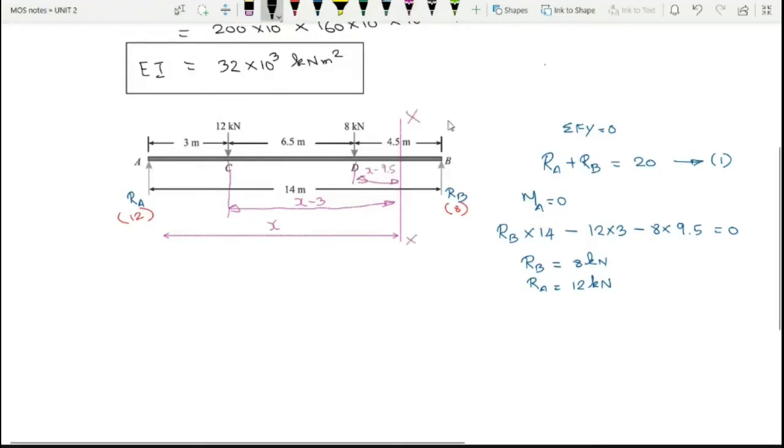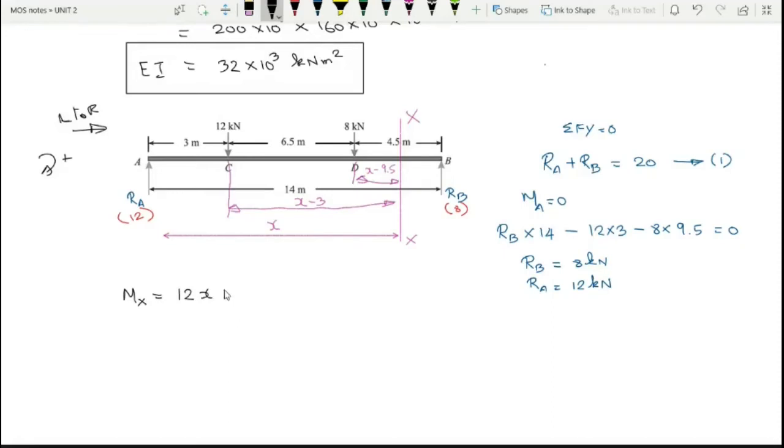So let me identify. Moment at any point X is equal to, I'm taking moment at the point X, which is equal to 12 into X. Rotation is clockwise. Clockwise is positive, okay, for this condition. So we are moving from left to right. When I move from left to right, clockwise is positive. So which is 12 into X, 12x.